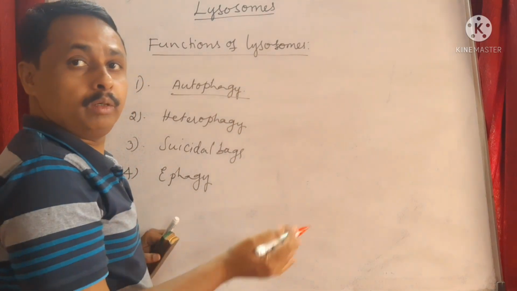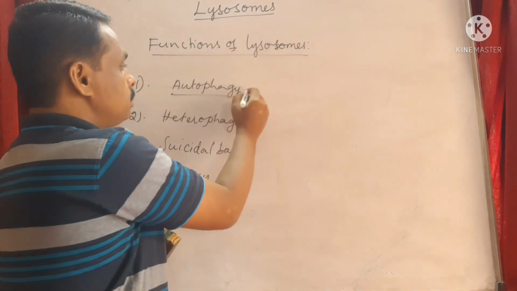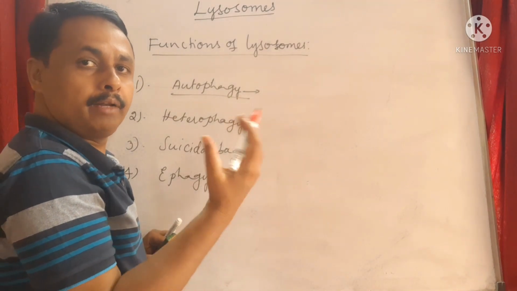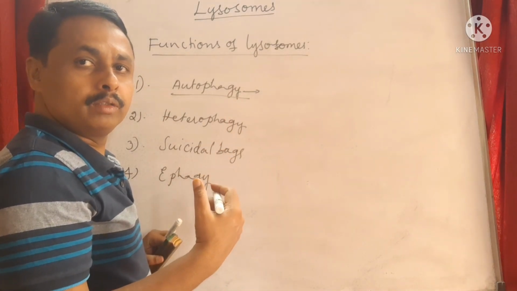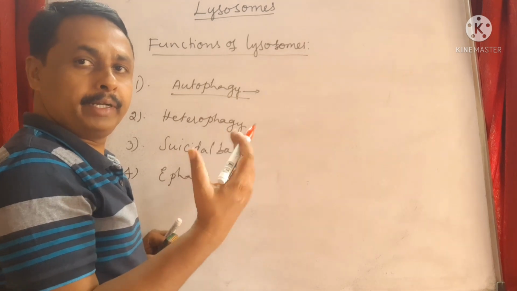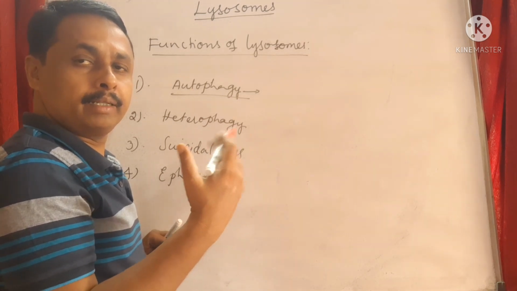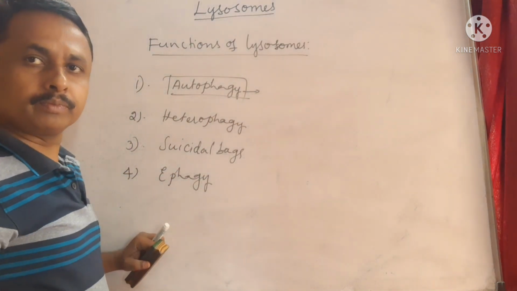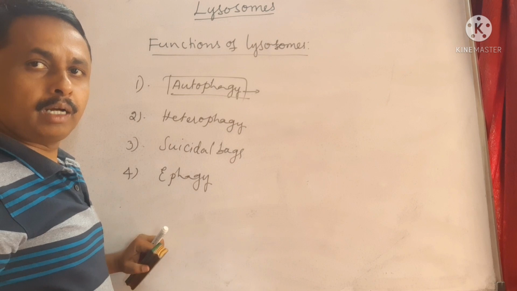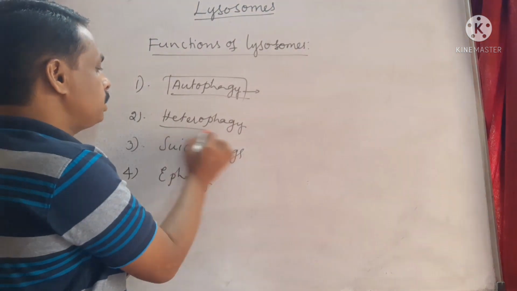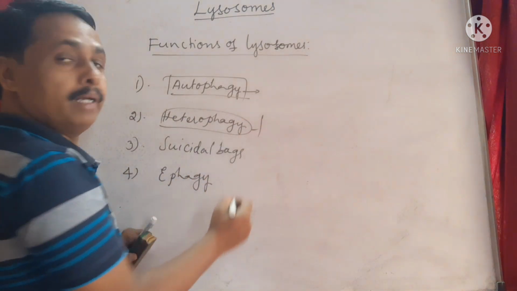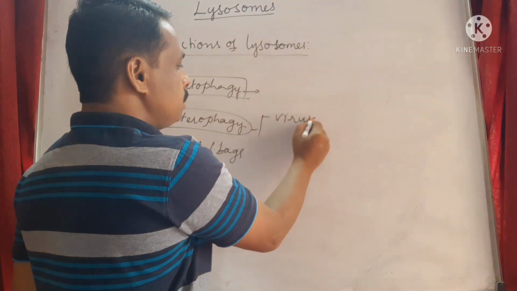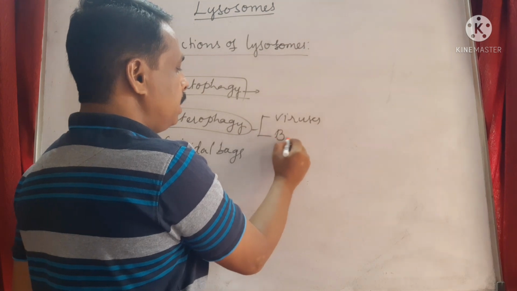Autophagy means they feed the content and digest the content on their own within the cell. That activity will be called autophagy. Heterophagy means there are certain foreign bodies like viruses and bacteria.